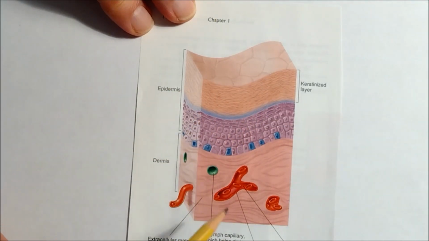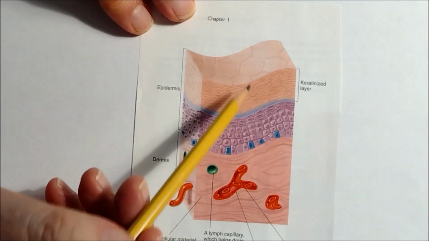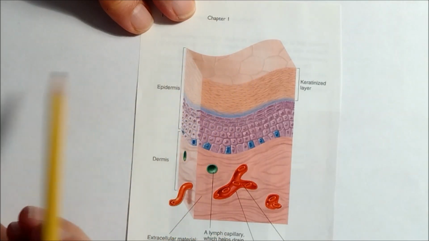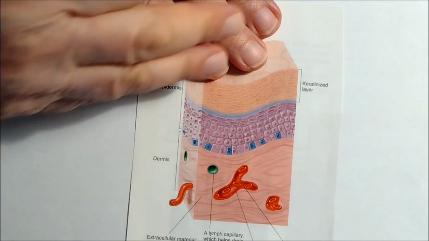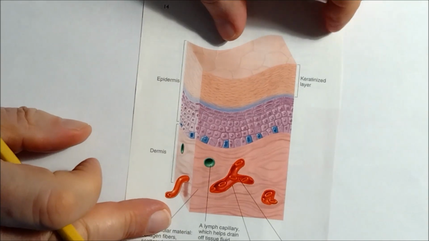So essentially, you have a new skin every 3 to 4 weeks. And what happens to the dead layer up here? Well, you just slough it off like that. You don't even notice it.